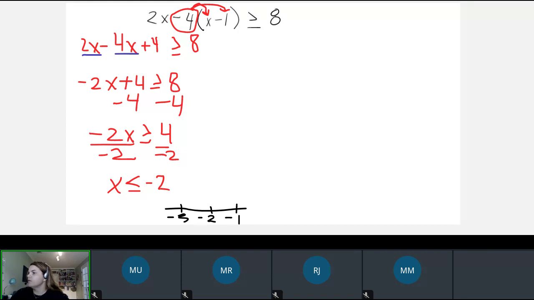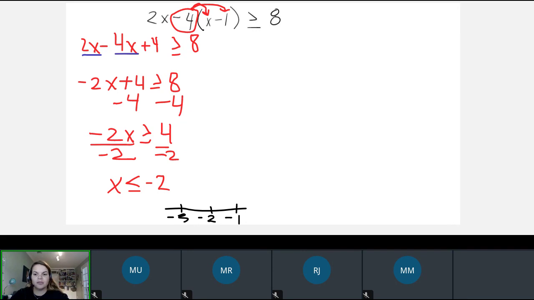Okay, so now what we're going to do is go ahead and graph our solution. So am I going to have an open or a closed circle at -2? What do y'all think? Anybody? Open or closed circle? Yeah, good, Jonathan.